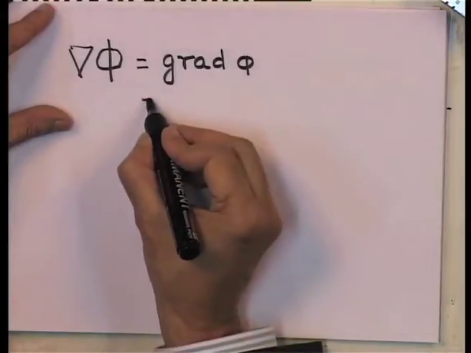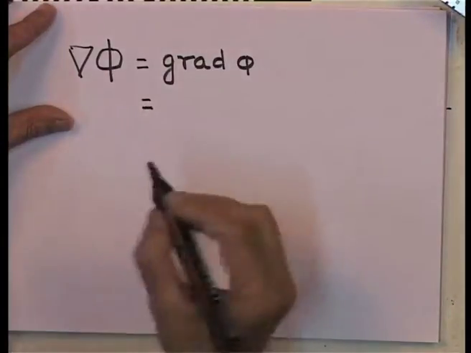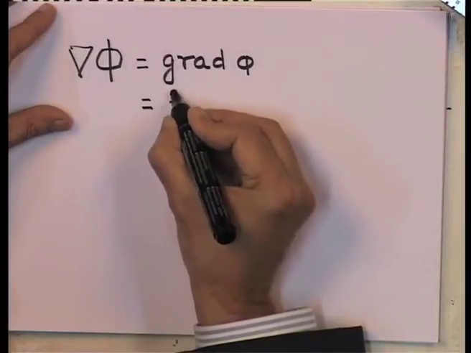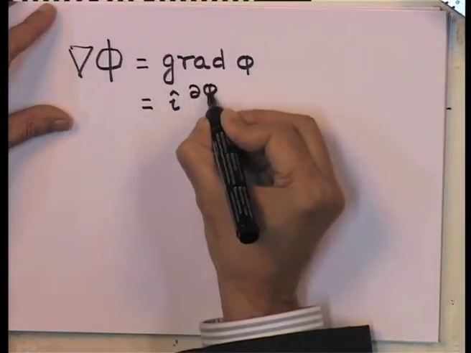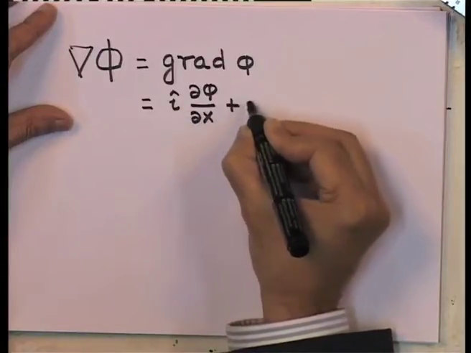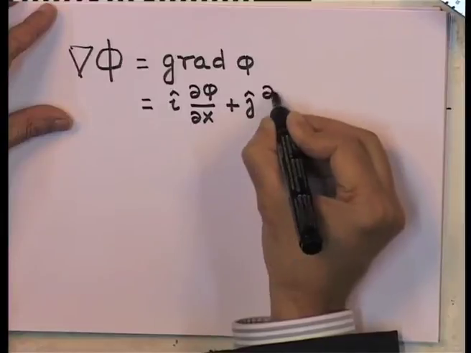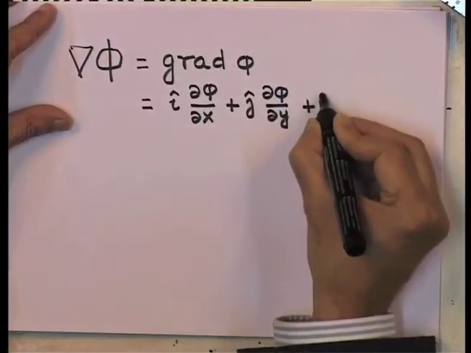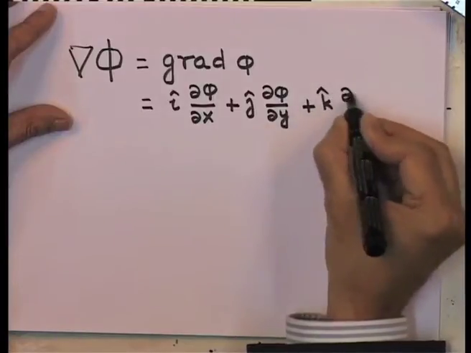We define grad phi, and we will come back to what it means a little later, as unit vector i times partial of phi with respect to x, plus unit vector j times partial with respect to y, plus unit vector k times partial with respect to z.